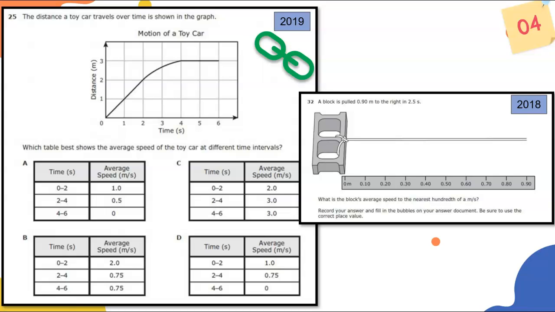The first question is showing change in speed over a longer time. The second is a constant speed. Even going down to the fact that there are decimals included in question number 32, as opposed to, well, they're both dealing with decimals. So you have a different look at each of the different types of math that are included in this.